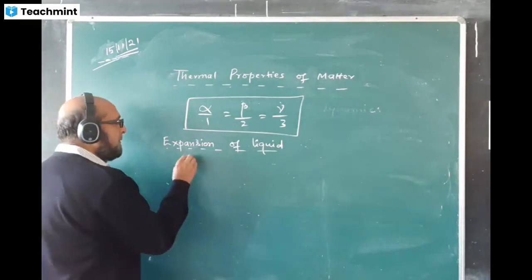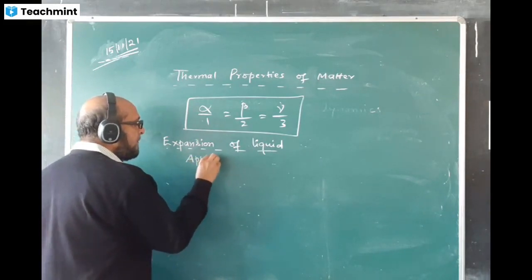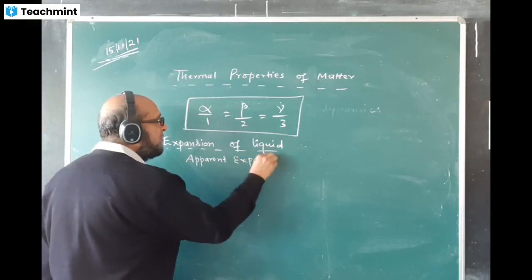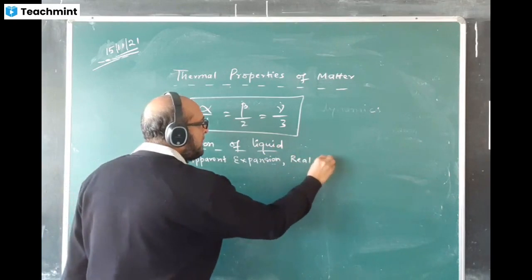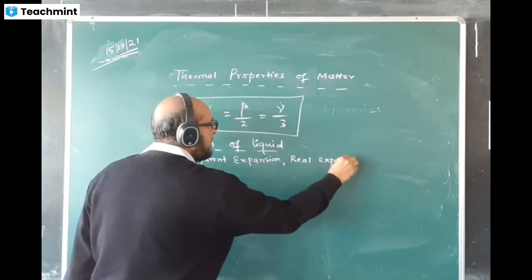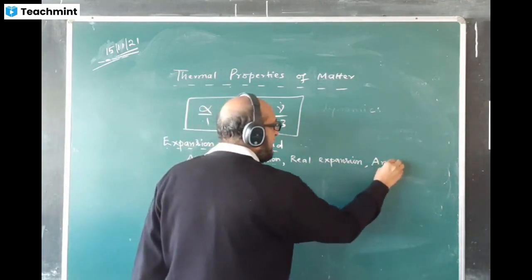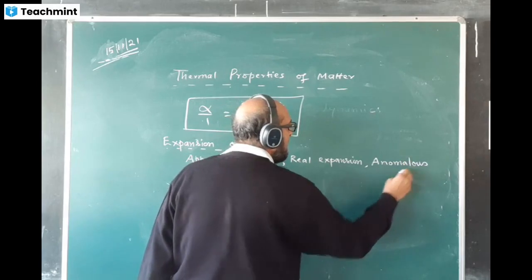One is called apparent expansion. I'll just explain to you, just understand. Other one is real expansion. And next one is anomalous expansion.